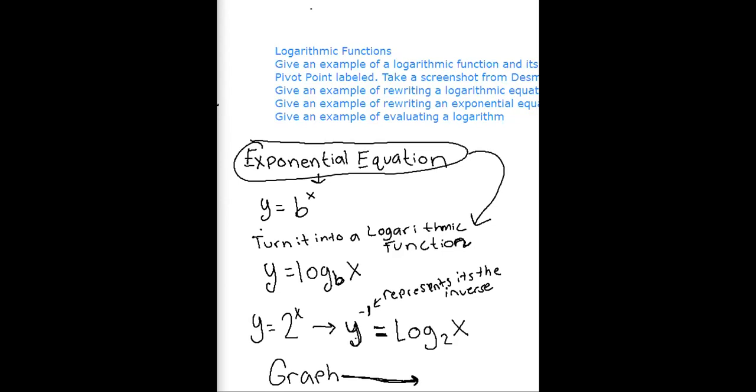Our asymptote is going to be on this line right here. It looks like our asymptote is going to be 0 for this one, because it never goes below 0.